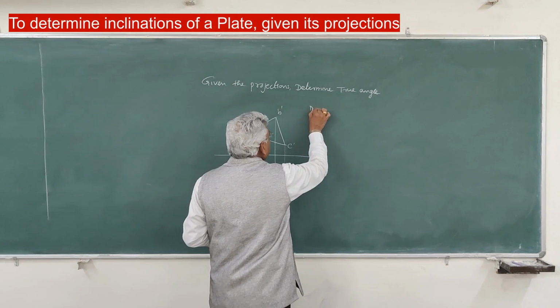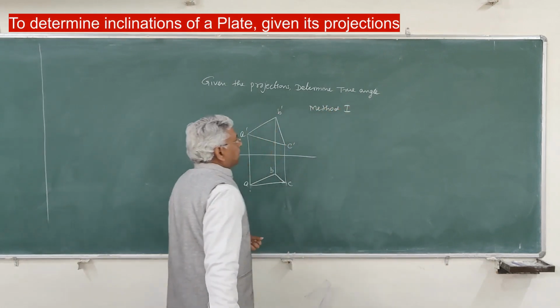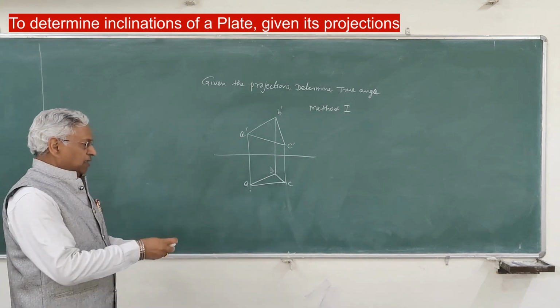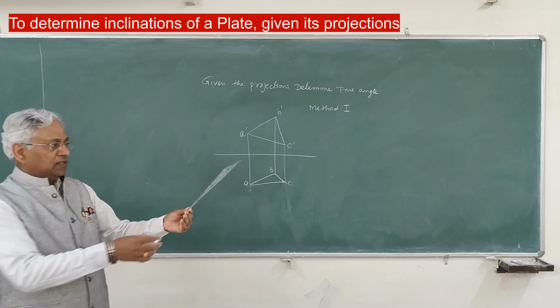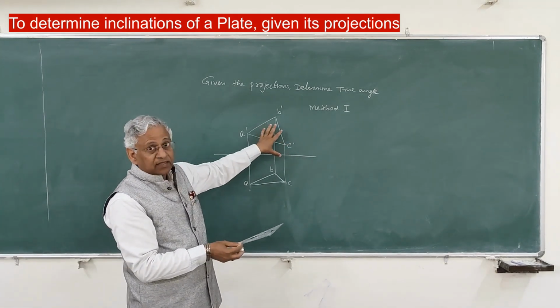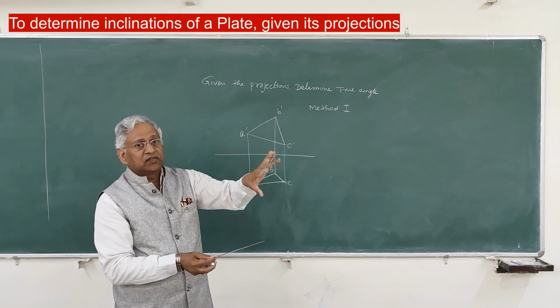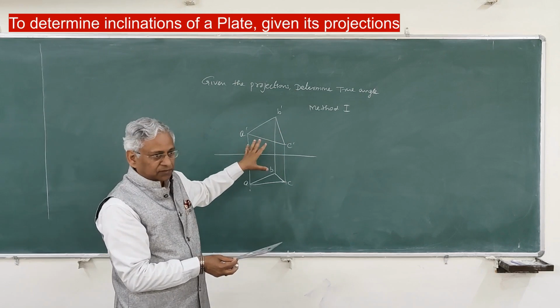Method 1 would be: if this is the plate, to determine the angles you need to draw the vertical trace and horizontal trace of the oblique plane which will contain this plate.